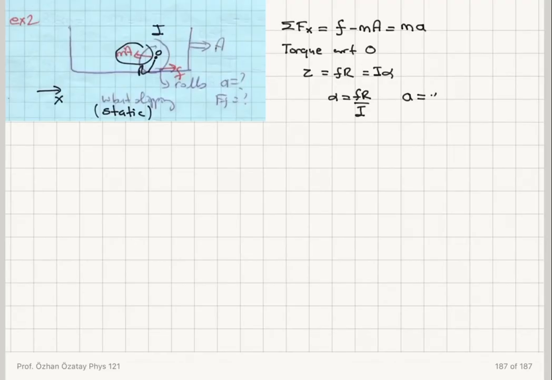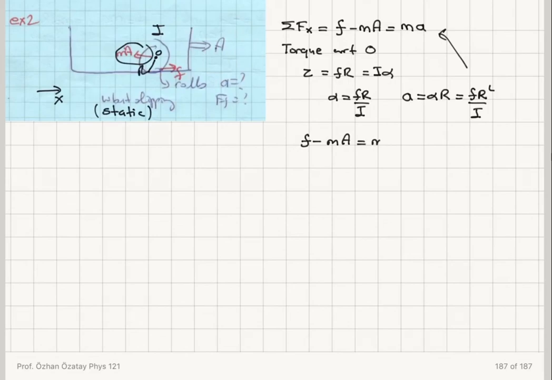Now since this is rolling without slipping, I will have the acceleration of the center of mass is equal to alpha times r, so this will be equal to F r squared over I, right?